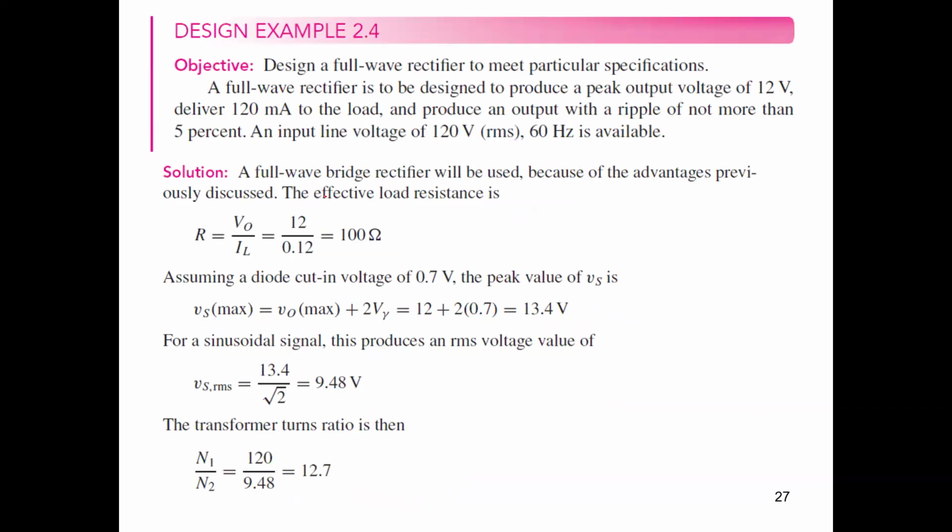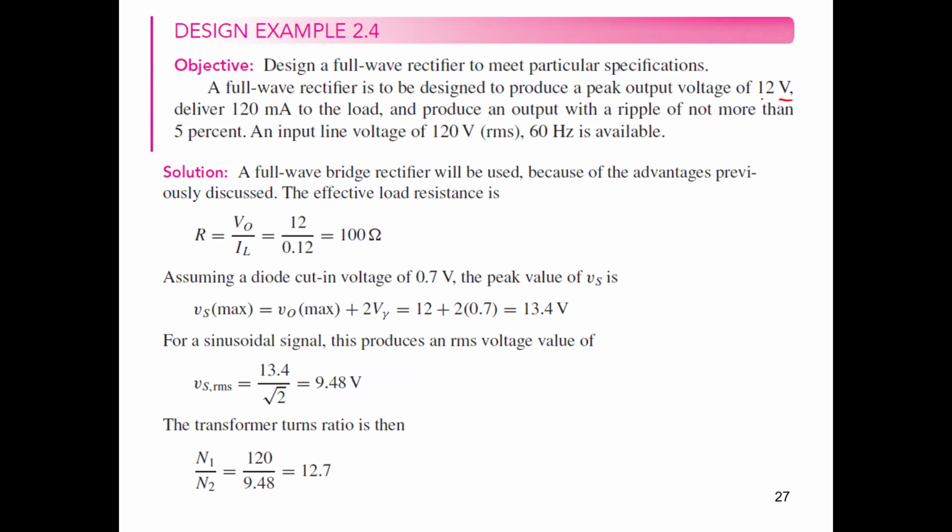Here, guys, we have a design. So we need to design a full wave rectifier to meet particular specifications. So let's see what are the specifications needed. Full wave rectifier is to be designed to produce a peak output volt of 12 volts.